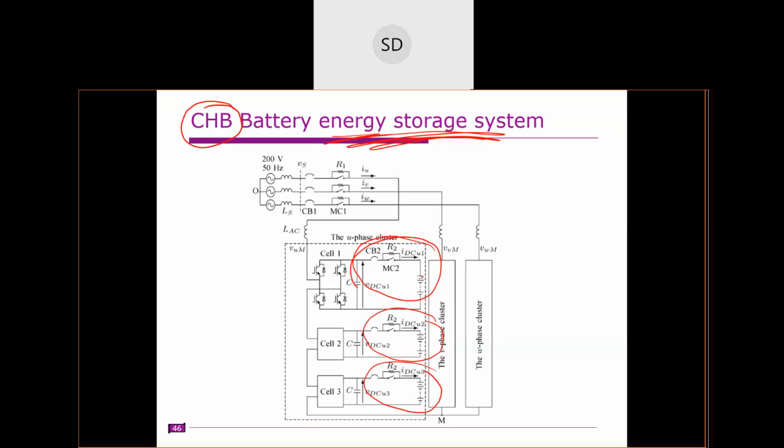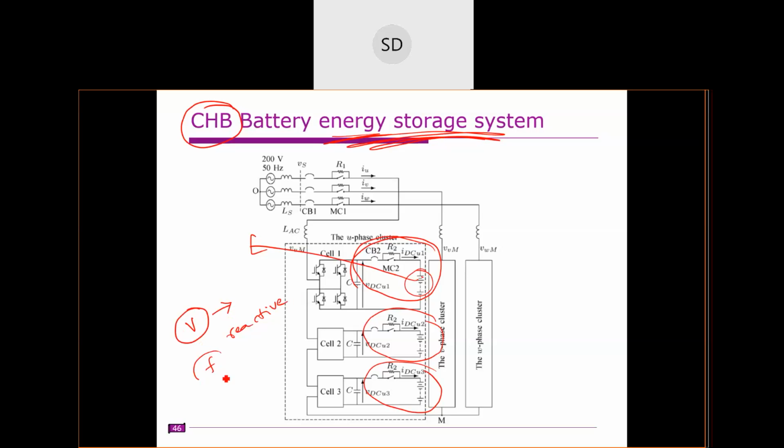Whenever some requirement is there, the power flows from this battery to the grid. Whenever there are frequency fluctuations, the battery energy storage system provides real power. If some voltage magnitude disturbance is there, the main cause is reactive power.